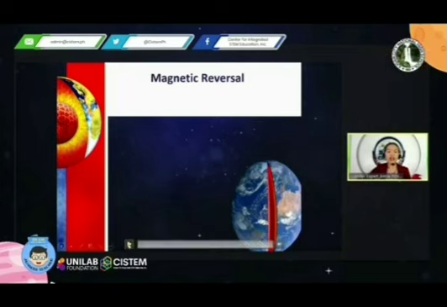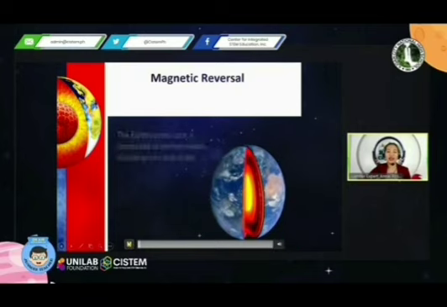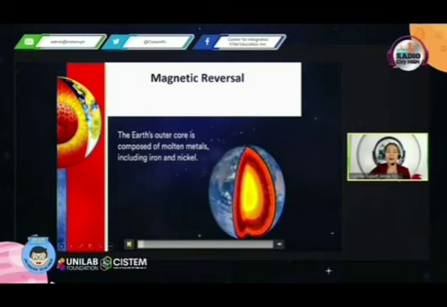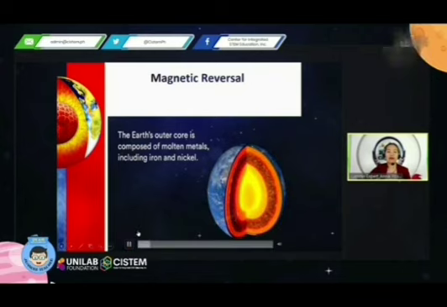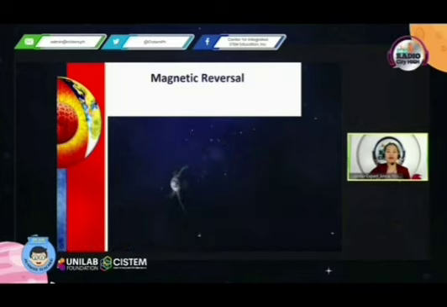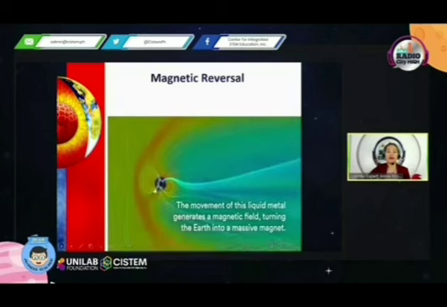What is magnetic reversal? The Earth is made up of different layers. And one of those layers, the outer core, shown here in orange, is composed of molten metals, including iron and nickel. Now, those molten liquid metals are not sitting still, but rather they are flowing around the inner core.